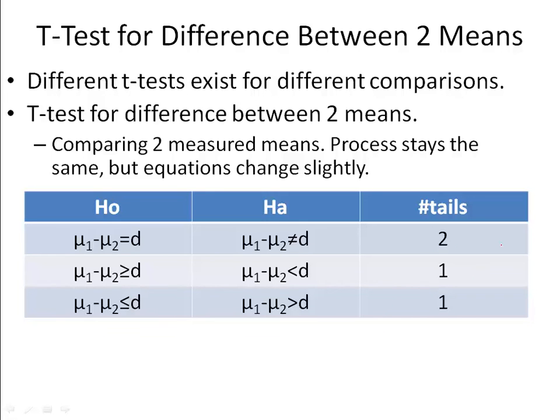And you can see here how you get one-tailed tests with these two sets of null hypotheses and alternate hypotheses. Now note, if d equals 0, your null hypothesis just becomes one observed mean is equal to the other, and the alternate is one observed mean is not equal to the other for a two-tailed test.